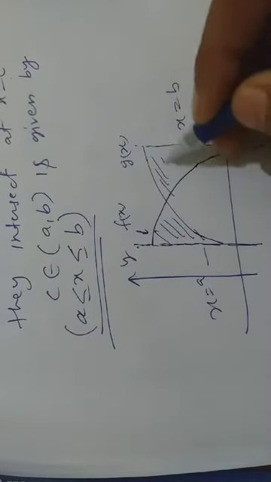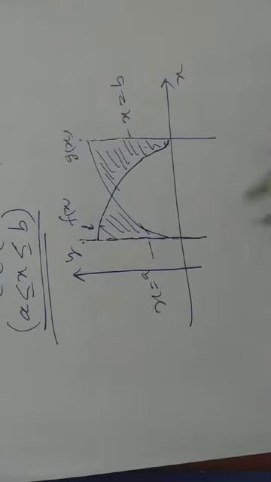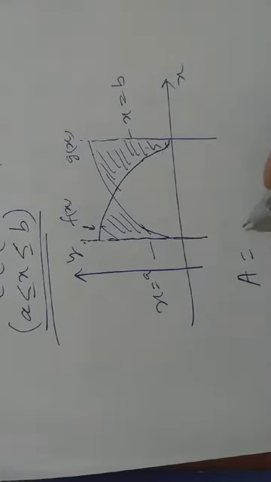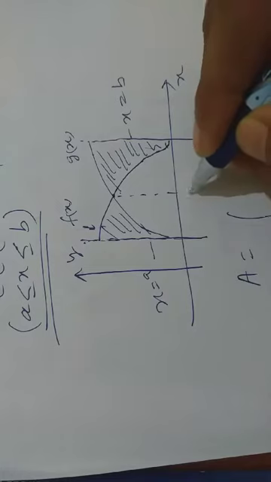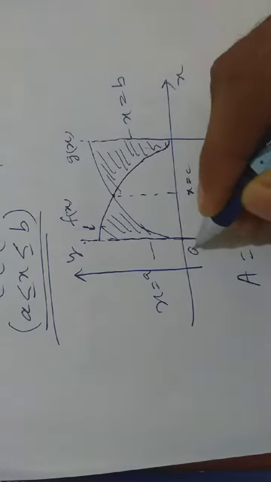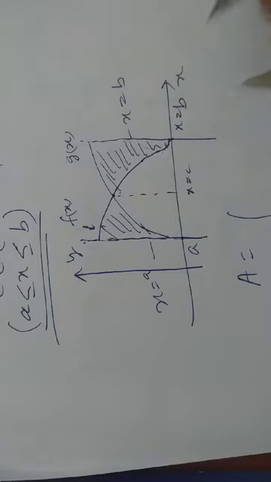This is the required area, and this area can be obtained as follows. Suppose this is point c, x equal to c is here, this is point x equal to a, this is point x equal to b.